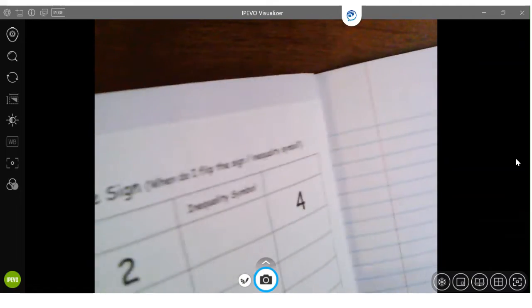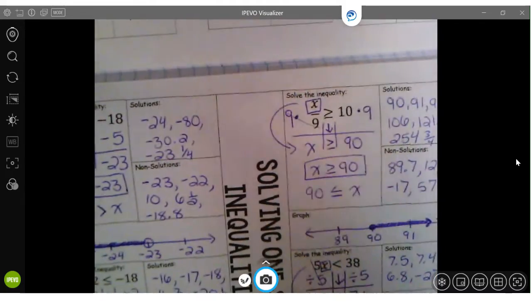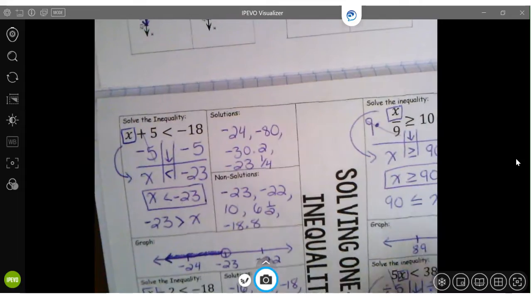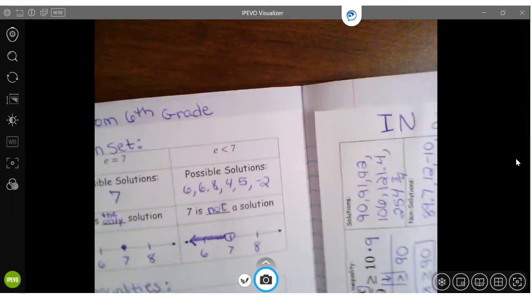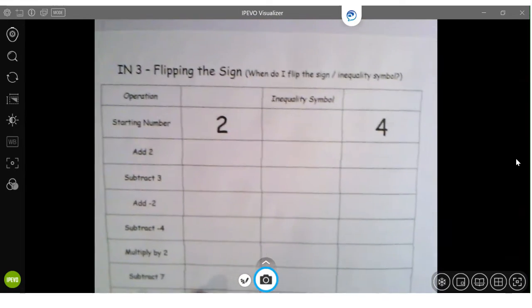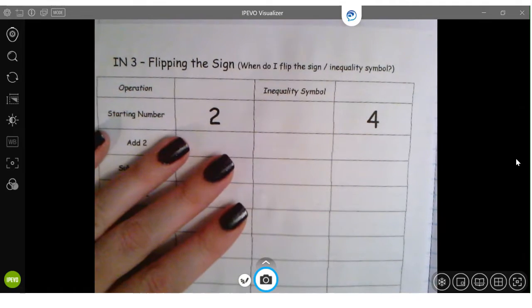With the examples we did yesterday, we literally just carry down the greater than or equal to sign, the less than sign, and so on. But sometimes you don't just carry it down, and that's what we're going to figure out today. So instead of just giving you the rule, we're going to figure out the rule together.